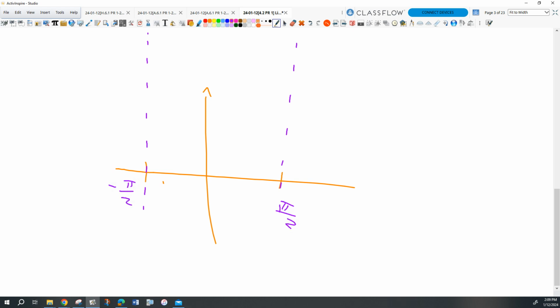That's where it's going to go asymptotic, right? Because secant of pi halves wouldn't work. That'd be like 1 over cosine of pi halves. Well, cosine of pi halves is 0. So it does this. If that's 1, that's what our secant function looks like, right? So doesn't it make sense then that at 0, we've got a horizontal tangent line? How about that? Okay. Good. Okay.